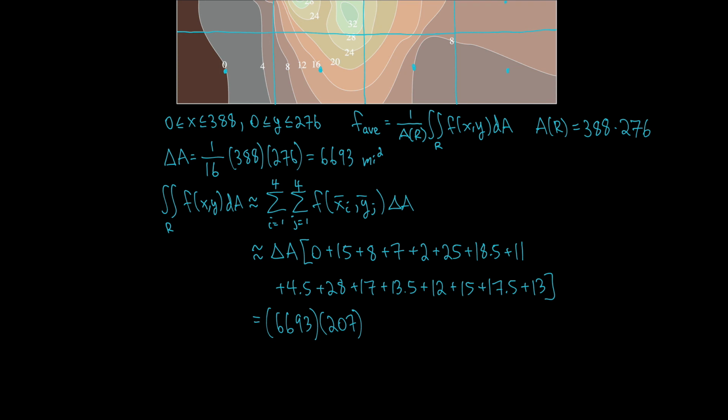So my average value of this function is 6693 times 207 over 388 times 276, because I just took my integral and I'm dividing by the area, and that's about 12.9.